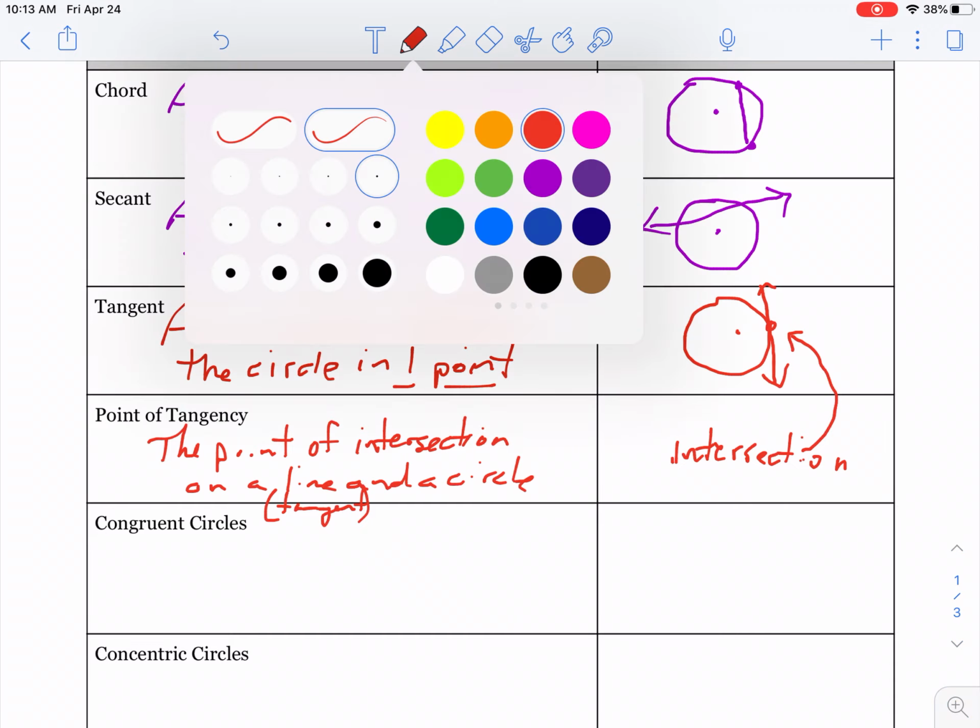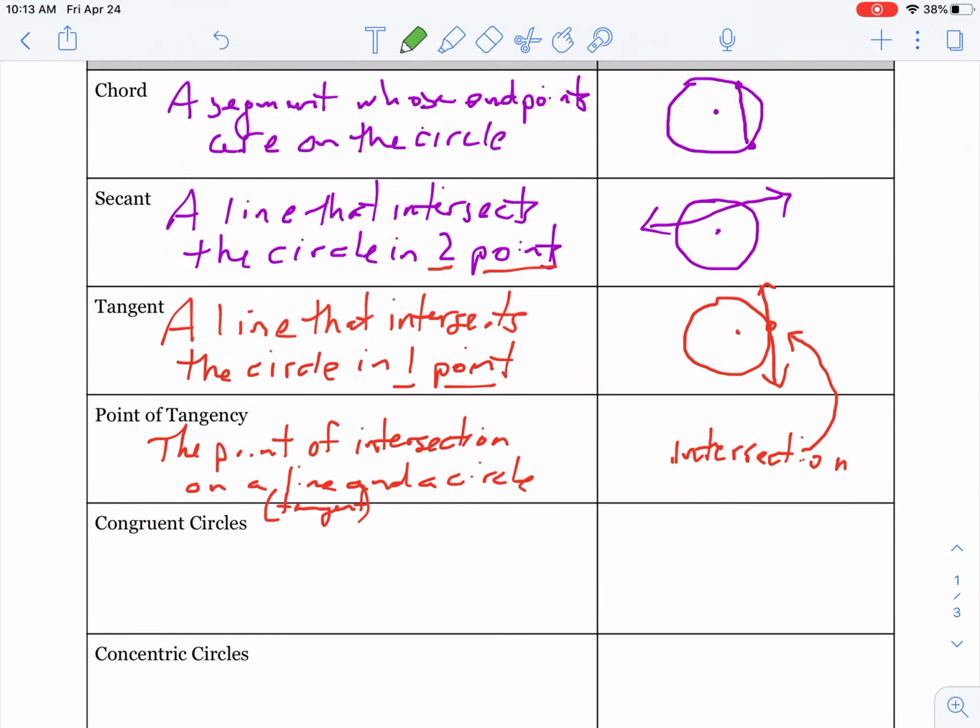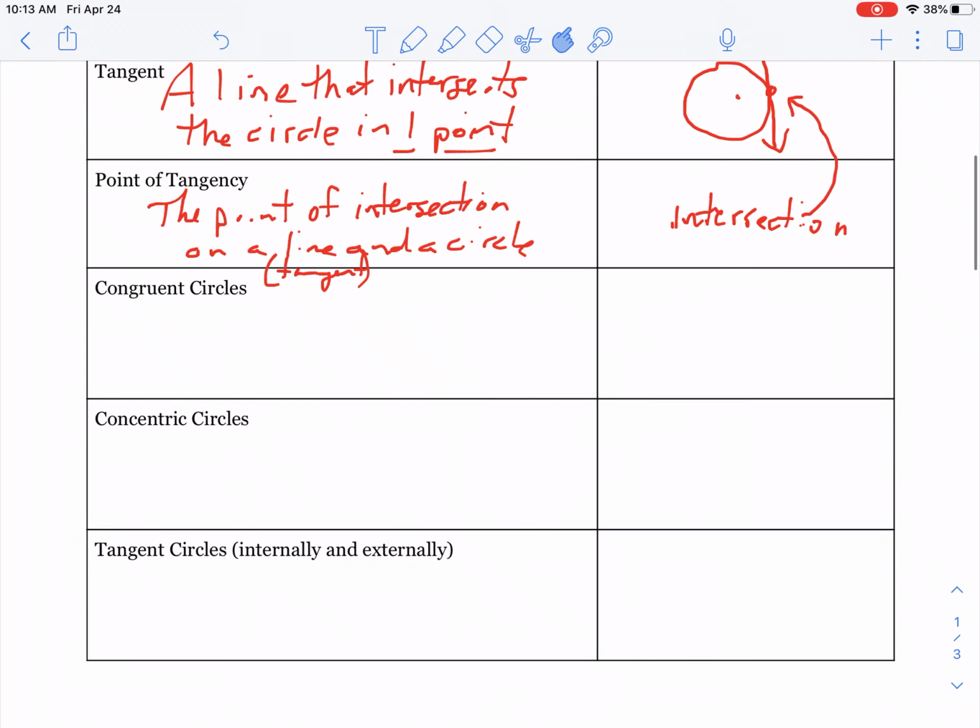Okay. So next, let's go ahead and talk about what we do with circles themselves. So now we'll talk about congruent circles. And as you can imagine, two congruent circles, it kind of makes sense that if they're going to be congruent, their radii are going to be congruent.